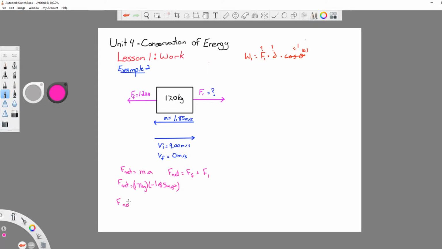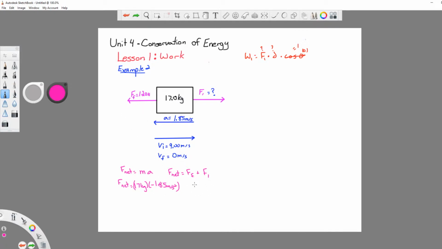So our F net works out to, well, actually, I'm not going to solve that yet. I'm just going to take these values and plug it into this formula. And we also know force of friction is going to be negative 120 newtons.